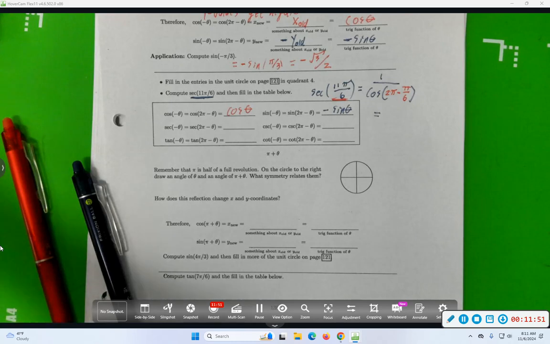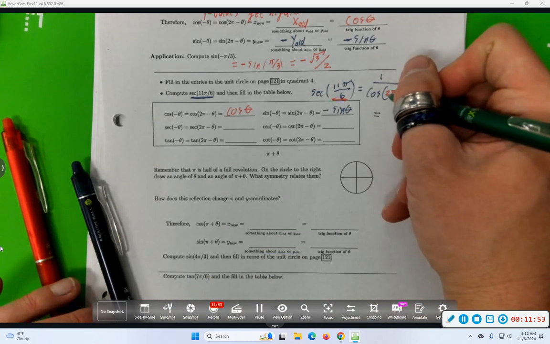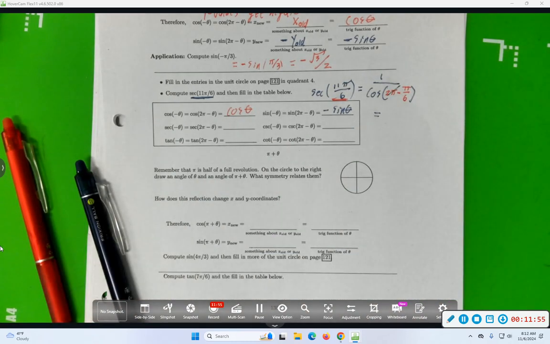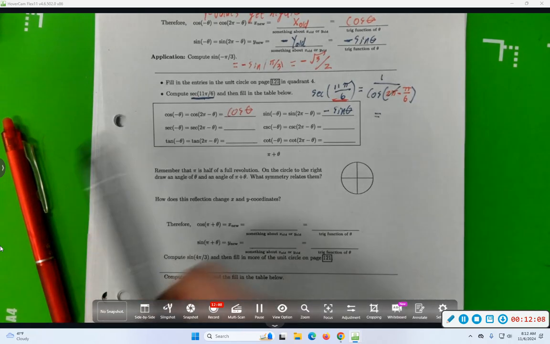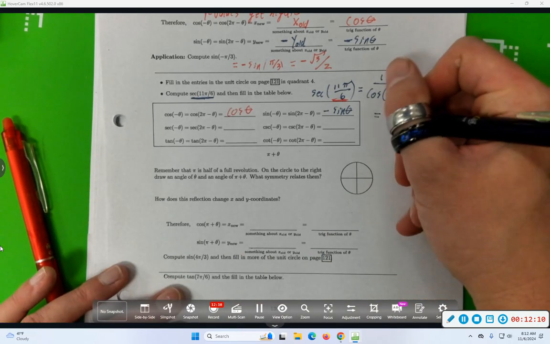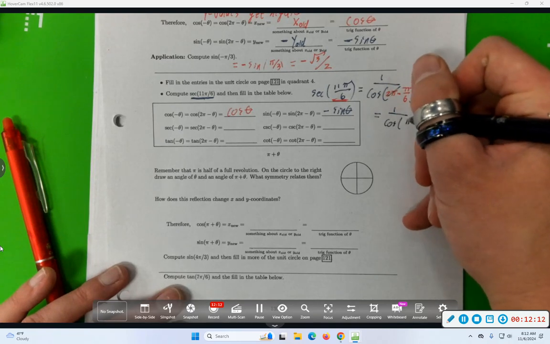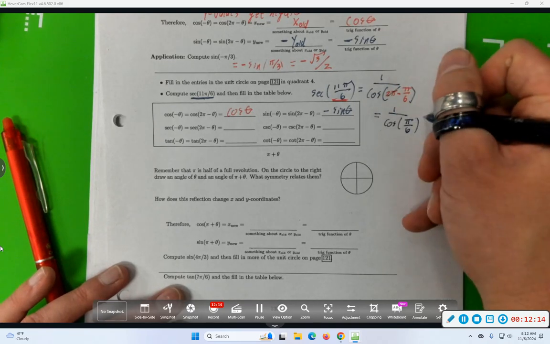As we've discussed, you don't care about the plus 2 pi, so you can ignore that. What does cosine do when you see a negative inside of the cosine? Cosine is even or odd? Even. So I don't care about that negative. That's the same as 1 over cosine of pi over 6.